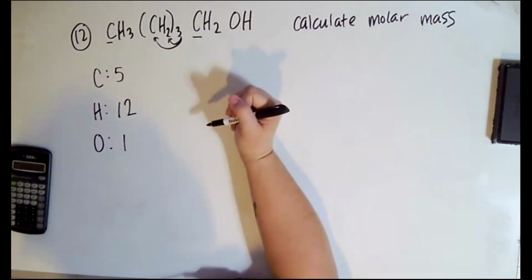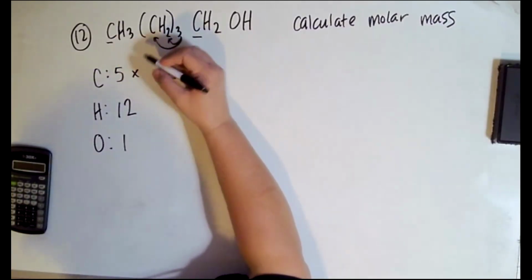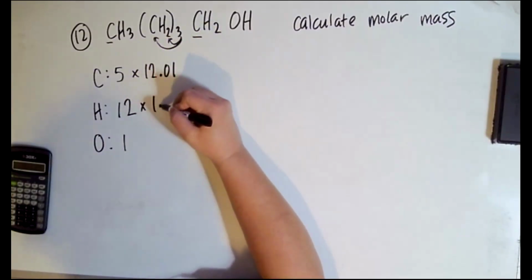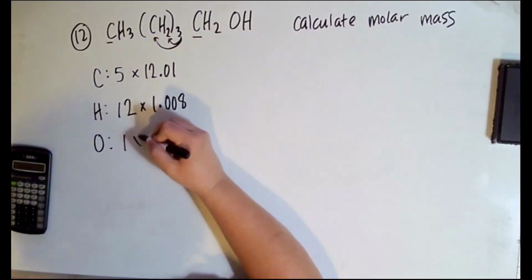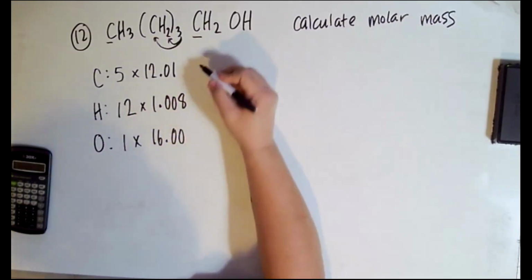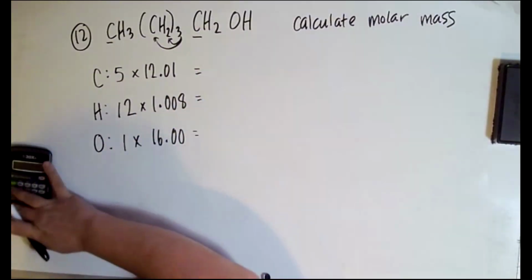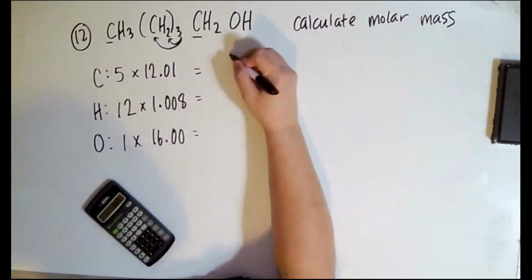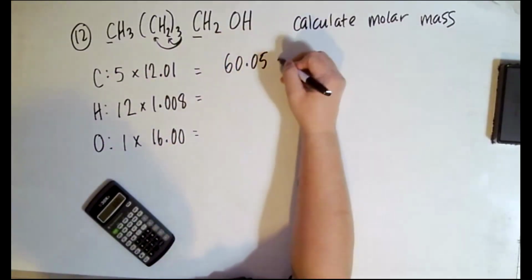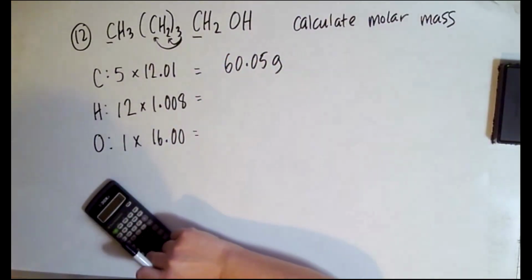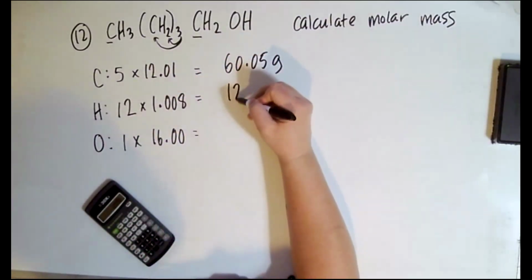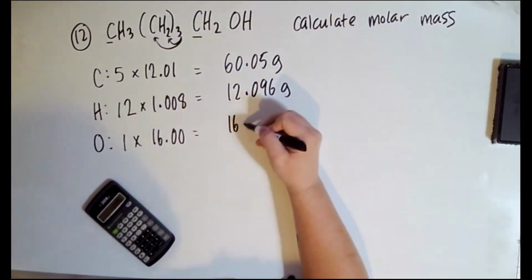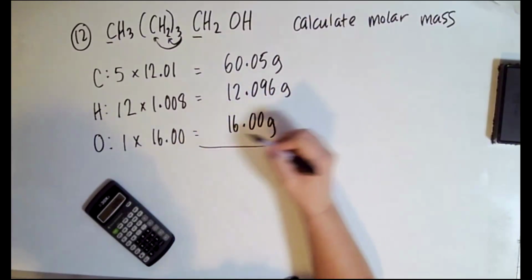And from here, I am going to use the molar mass from the periodic table for each of these elements. And then I'm going to add those together.